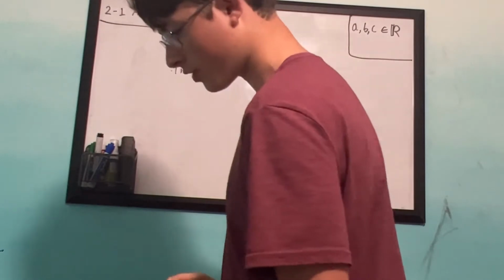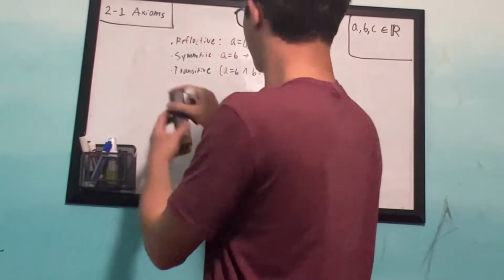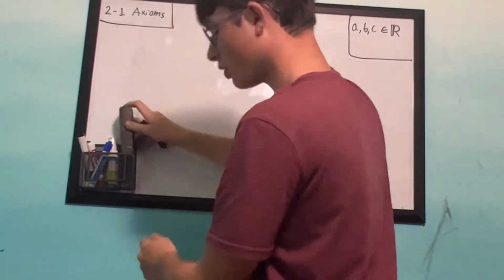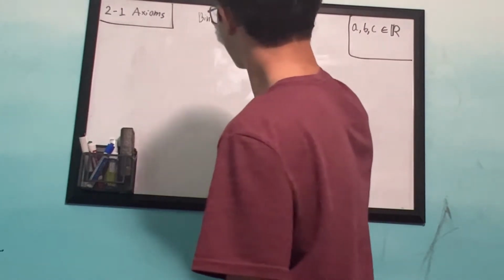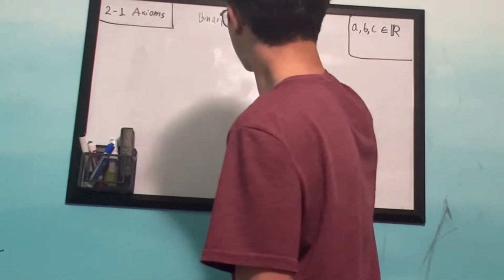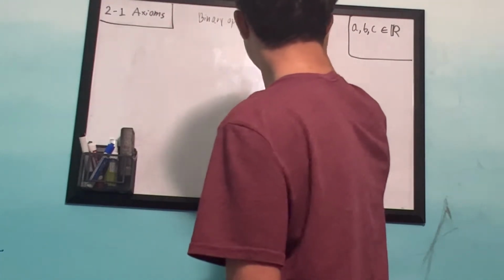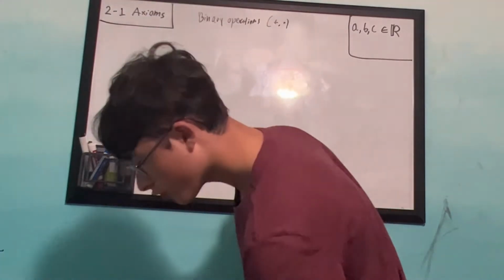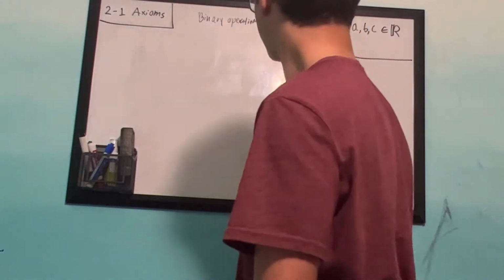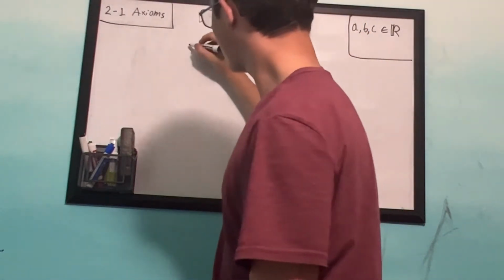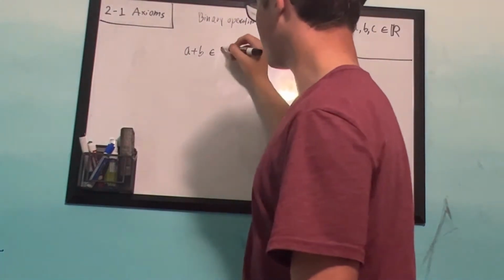But then after that, you're gonna start hitting things that are gonna be new. And so these axioms are done under binary operations, which are gonna be addition and multiplication. So the first one that we're gonna cover is closure, which is saying that if you have a real A and you have a real B, then the sum must also be real.